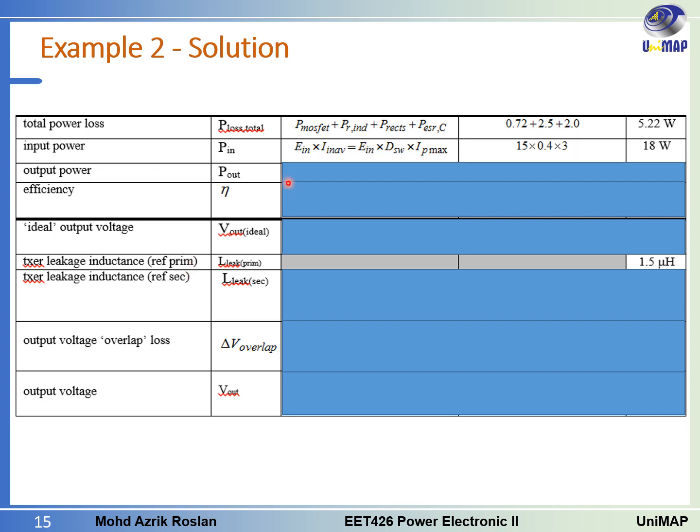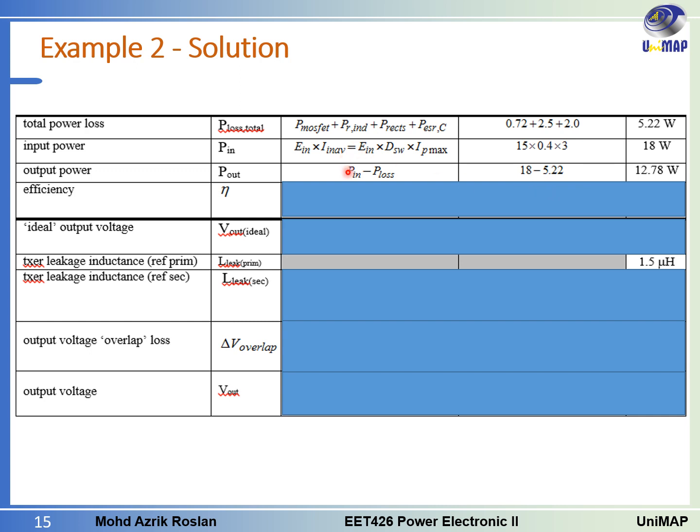Okay, for this example, we calculate the input power using this equation. The input power is equal to E in multiplied by D switch multiplied by IP max. Okay, and you will get 18 watt. And the output power can be calculated using P in minus P loss.